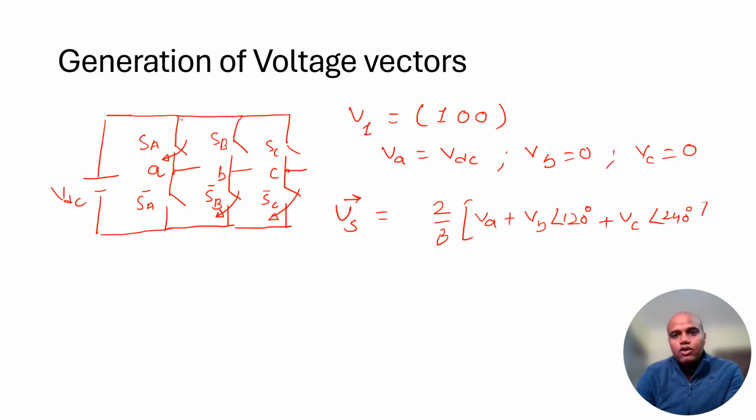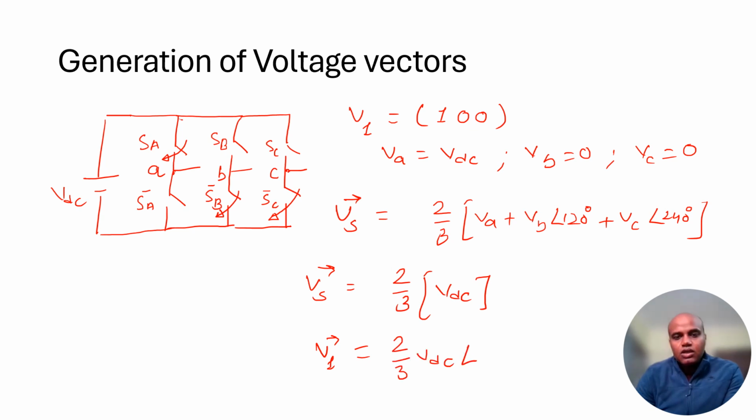Putting the values of VA, VB, VC, I have Vs equals 2 by 3 VDC, which is a vector equal to Vs. So this becomes the voltage vector V1. It has the value of 2 by 3 VDC at an angle of 0 degree.